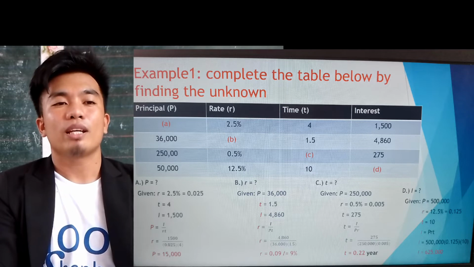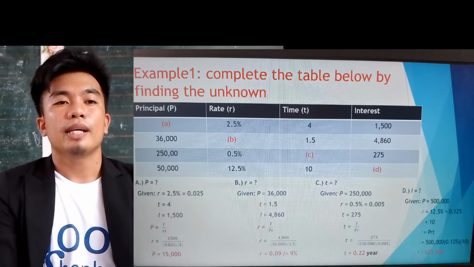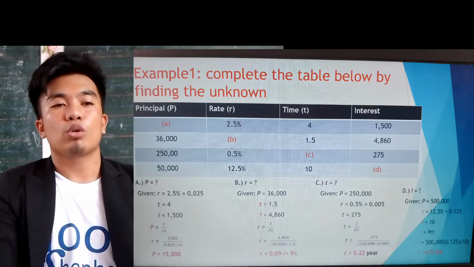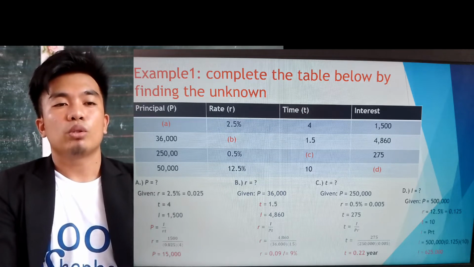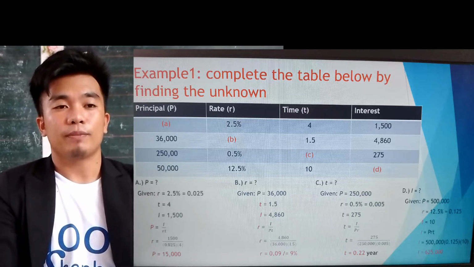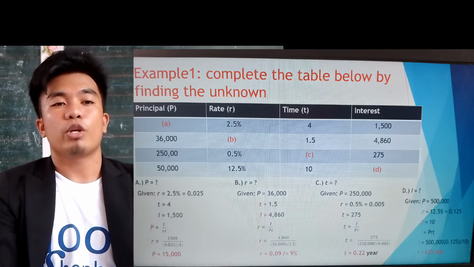The given is our rate of 2.5%, as you can see in the table, and we are going to convert it into decimals: 0.025.